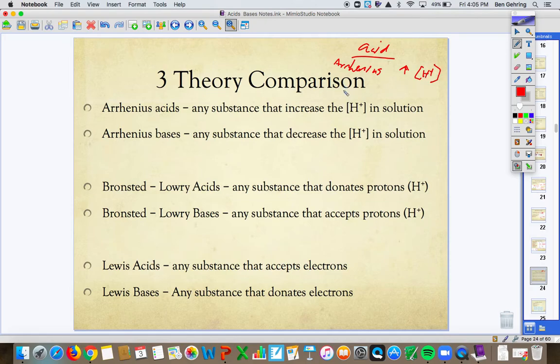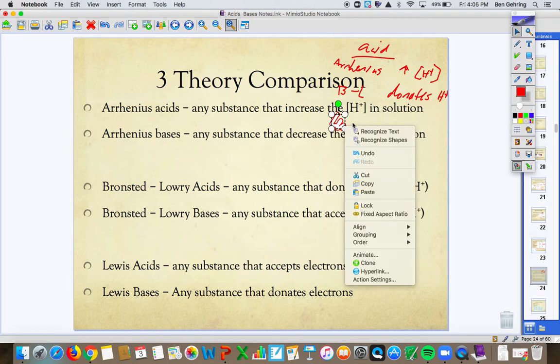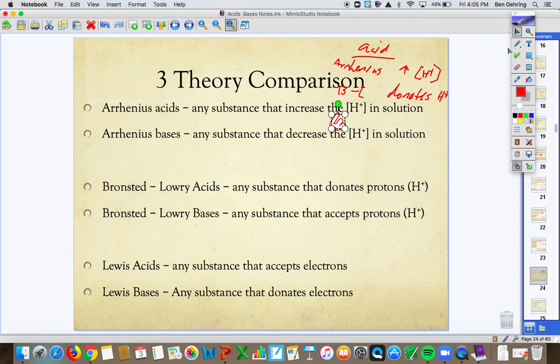If you have a Bronsted-Lowry, which is called BL, it donates a proton. And then Lewis acids accept electrons. If you want to make just a quick little table, that works really nice.